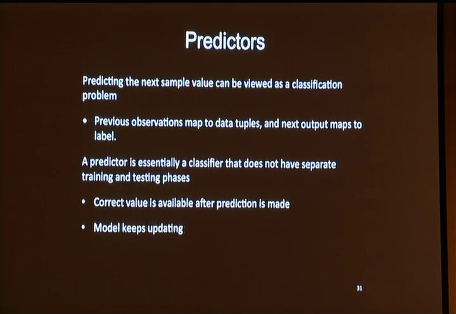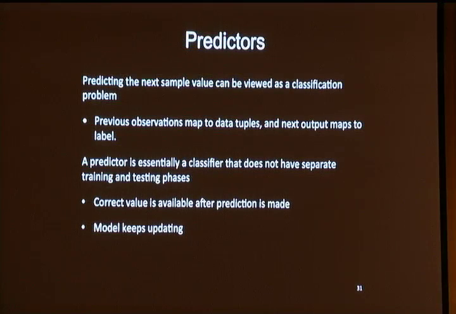Predicting the next sample value can be viewed as a classification problem too. Previous observations may be mapped to data tuples, and the output may be mapped to a label. A prediction can be considered as a classifier.